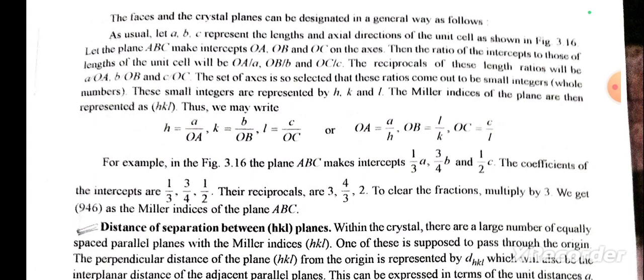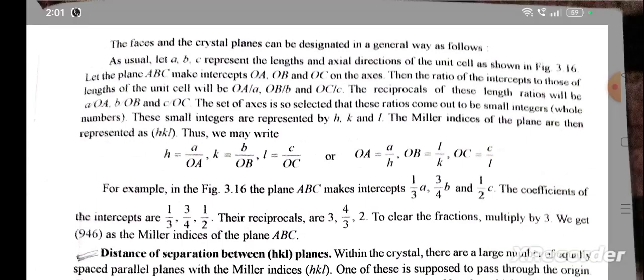The set of these numbers is so selected that the ratios come out as the smallest integral whole numbers, and these small integers are represented as h, k, l, and the Miller indices of the plane are represented as (hkl).